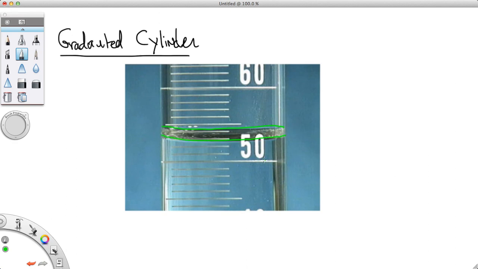Now when we measure in a graduated cylinder, we always measure using the bottom line. This is called the meniscus. Now, the meniscus is the bottom portion.